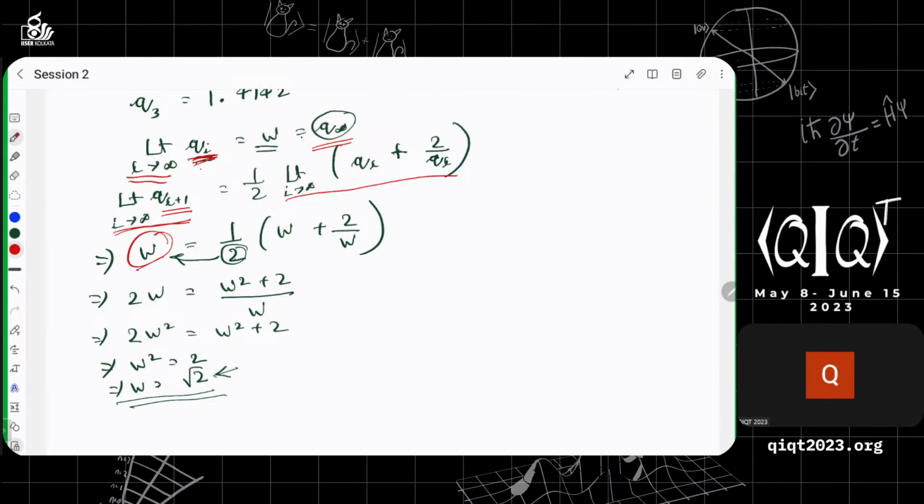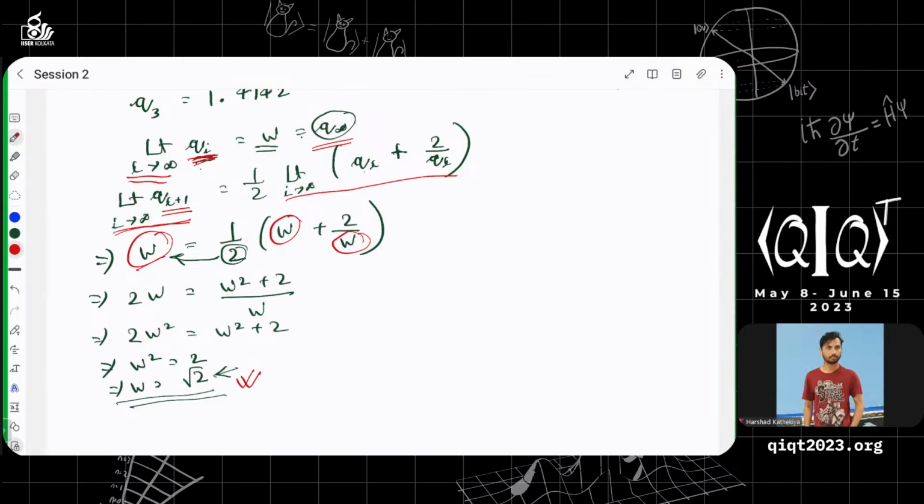So we replace this by w, q_i as i tends to infinity again replaced by w, and we solved the quadratic equation, and we got w equal to root 2. And what I was asking at this point is, is root 2 a rational number or an irrational number? Yes, right. So root 2 is an irrational number.